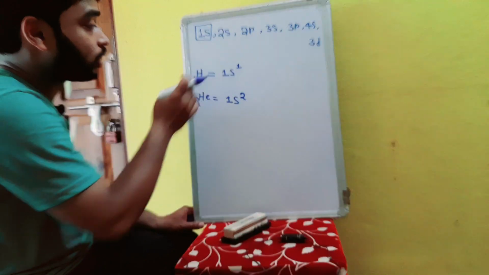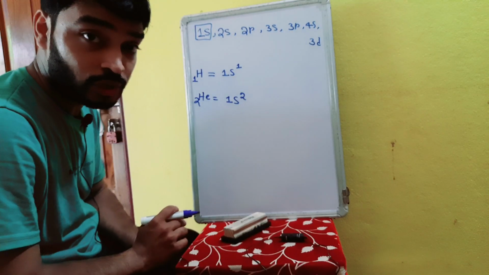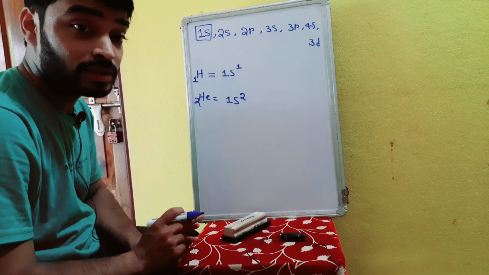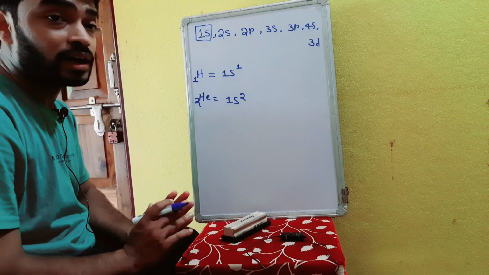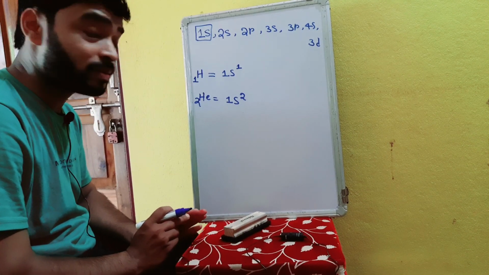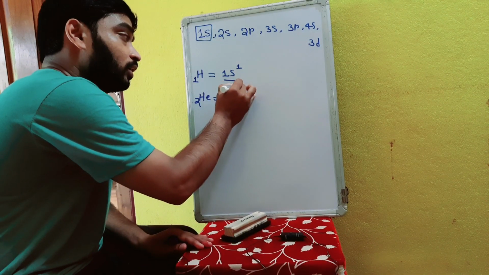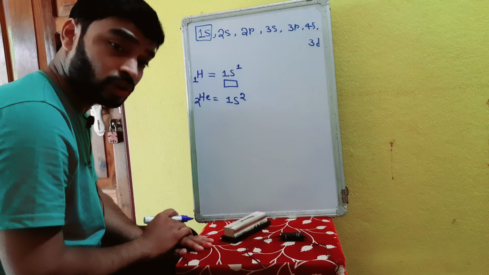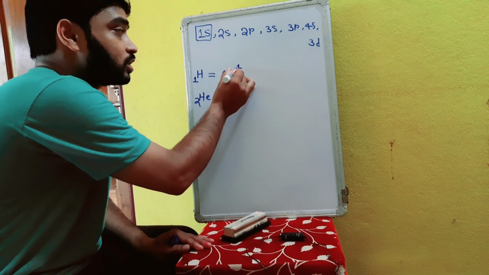If we draw a box diagram, which represents the suborbitals, I have told you each orbital has its specific number of suborbitals. The s orbital has one suborbital. So if you draw the suborbital and place the electron here, there is one electron.